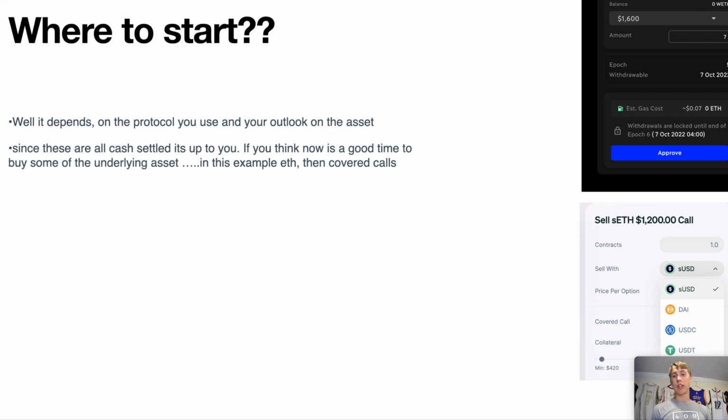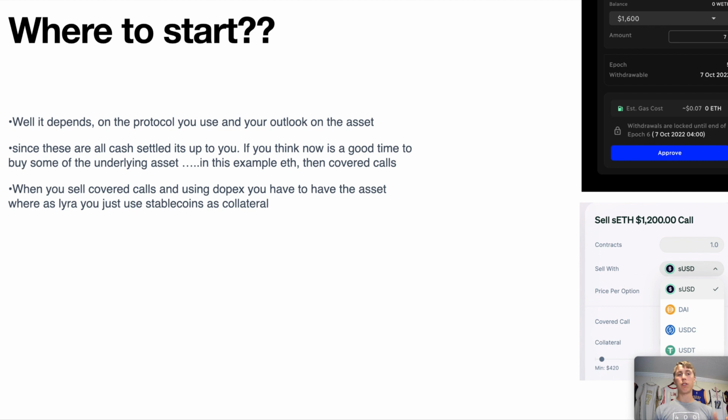So if ETH is trading at $1,200 and you think it's never going to hit $1,600 in a week, well then an SSOV deposit vault on Dopex is going to be your option because you get the premium and you still have exposure to your ETH. Keep in mind, if it gigamoons, you're going to lose a portion of your ETH, but hey, that's why you're getting paid the premium.